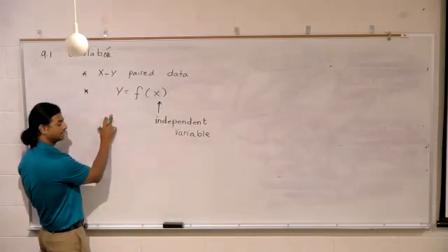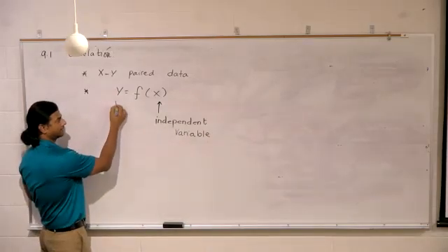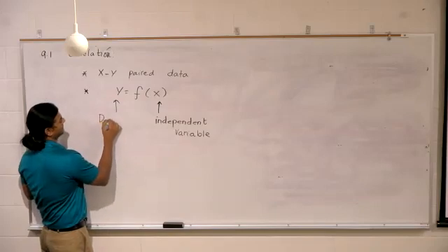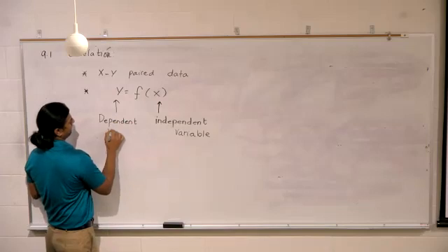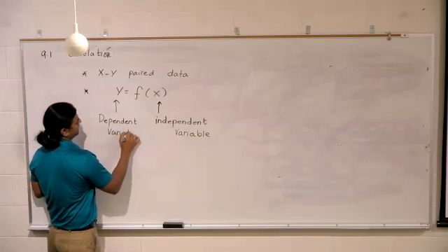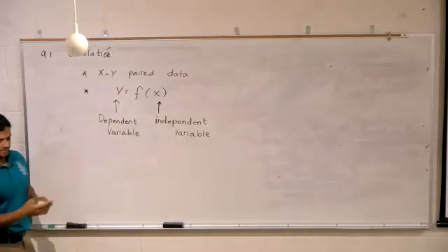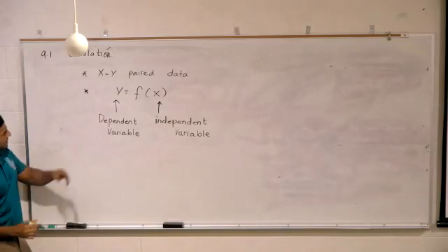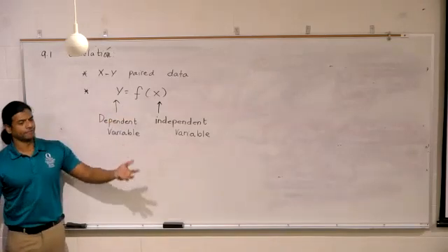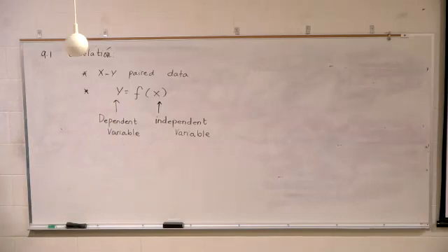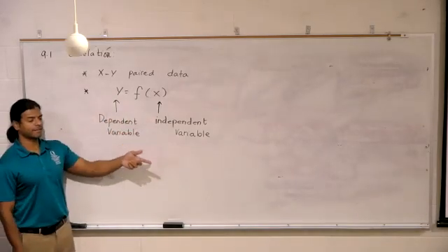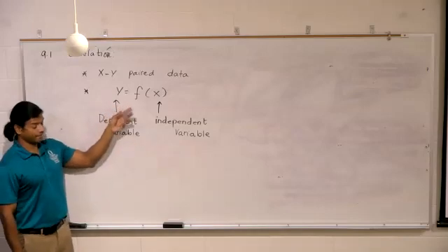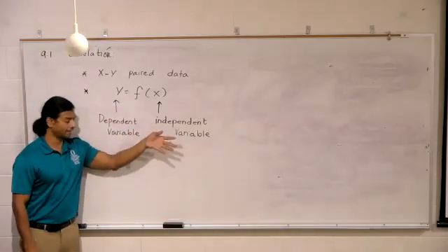Y is the dependent variable. And what is that f? What does it stand for? Function. So when I read this, I read it as y is a function of x.